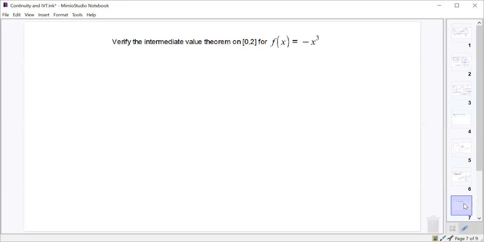Determine if it's continuous over the interval. Exactly. So first we want to know, is our function continuous? Well, is -x continuous on 0 to 2? Yes. Should be, right? Why is it continuous? What makes it continuous?